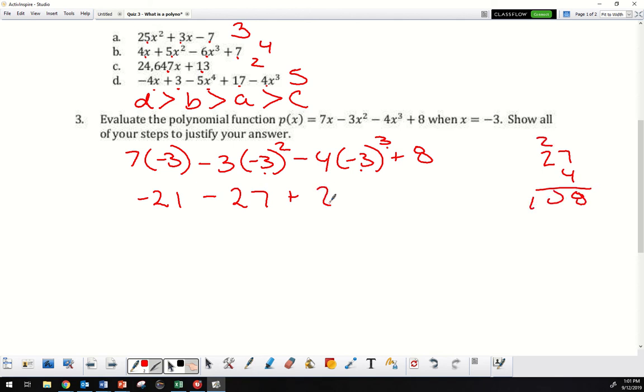So we get 108 plus 8, and go ahead and combine those together.